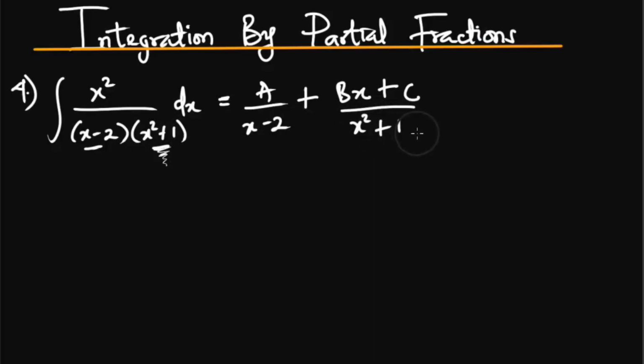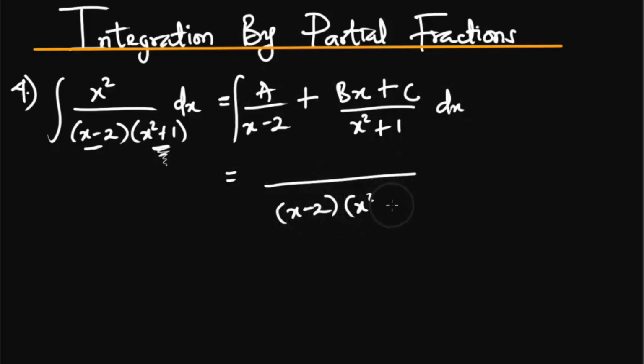Alright, very simple. Okay, and then this is going to be equal to, so we are still integrating with respect to x. So this is going to be x minus 2, x squared plus 1, right?